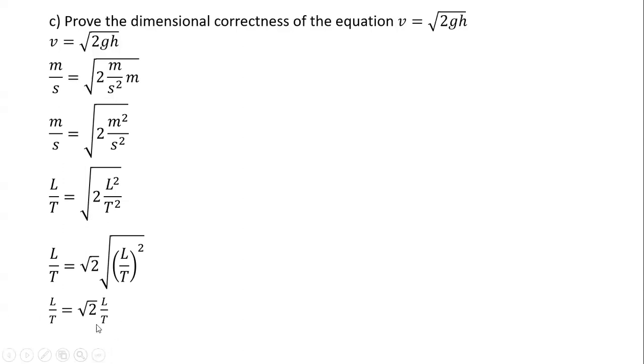Then on the right, we also have this T, a denominator raised to the same power. The only intruder making things look crazy is this root 2. Let's conclude. Square root of 2 does not represent any dimension. It's just a constant. Therefore, we can conclude that this equation is dimensionally correct.